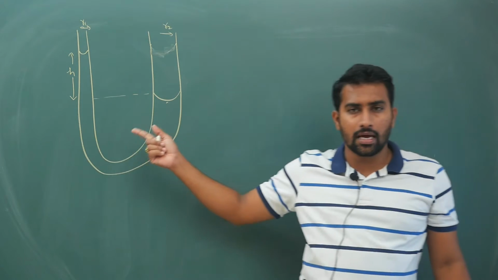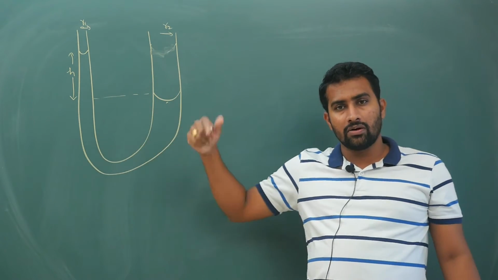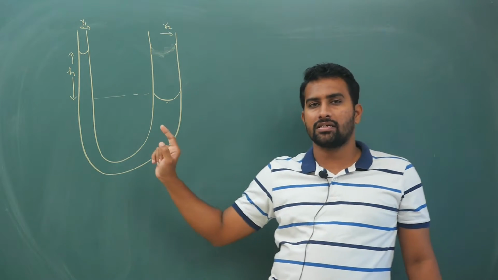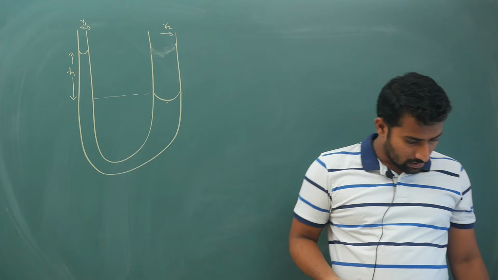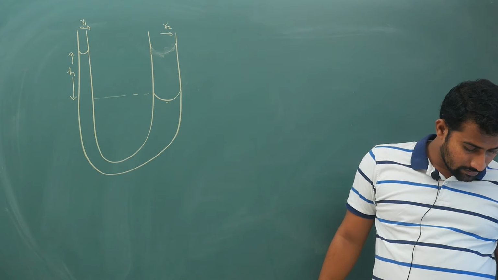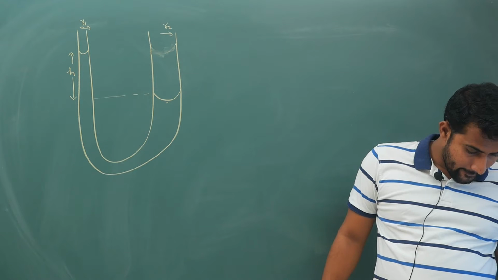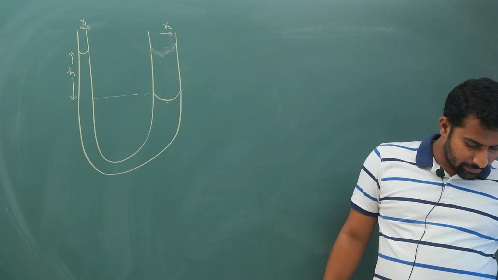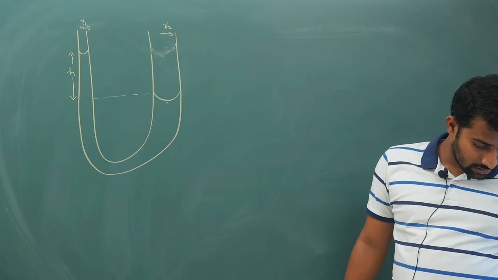Next we will see capillarity, but I did not explain capillarity yet, so don't worry about angle of contact. Assume angle of contact is 0. Just simply take it as 2T by R1. The question is to find the pressure difference in the limbs outside itself.